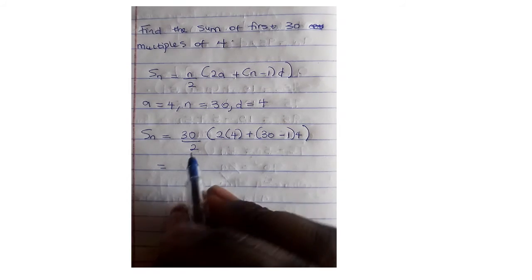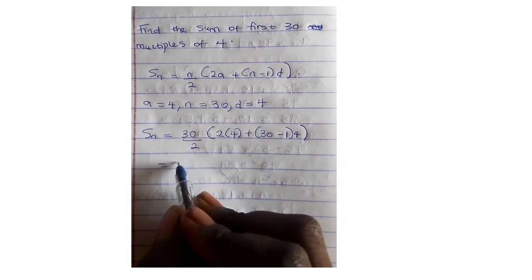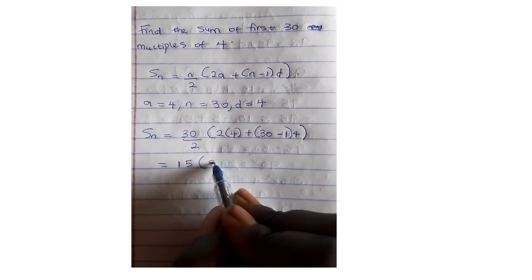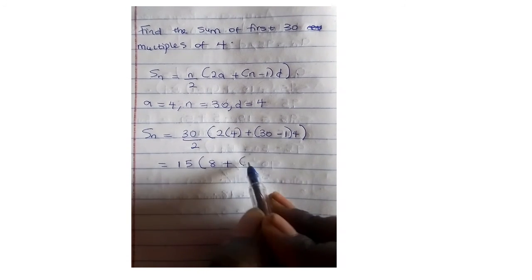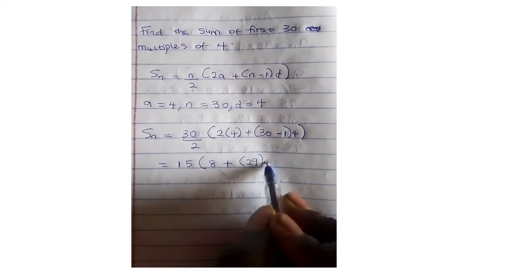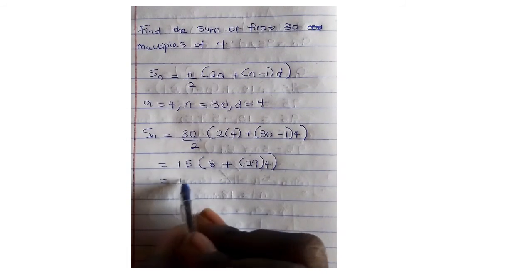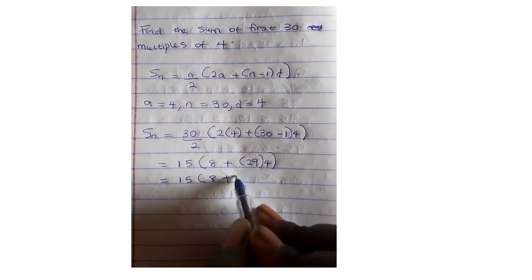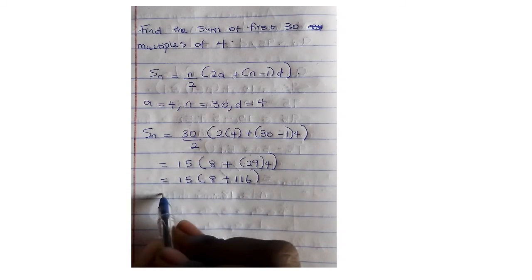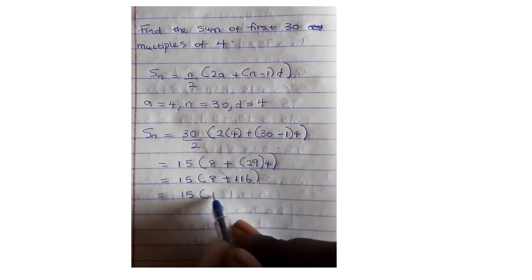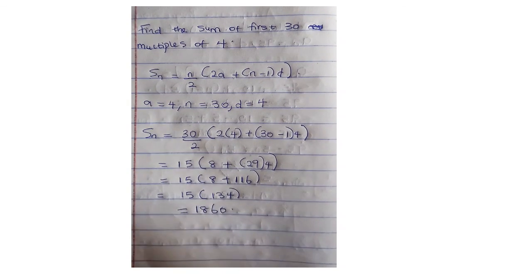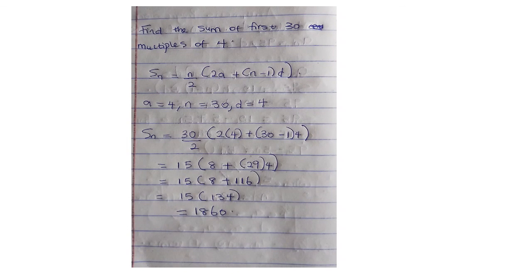So we're going to have 30 divided by 2, we're going to have 15 into 2 multiplied by 4 is 8, plus 30 minus 1, we're going to have 29, times 4. So we're going to have 15 into 8 plus 29 times 4, which is going to give us 116. So 15 into 124 is going to give us 1860. Alright, now this is the answer we get when we solve for this.